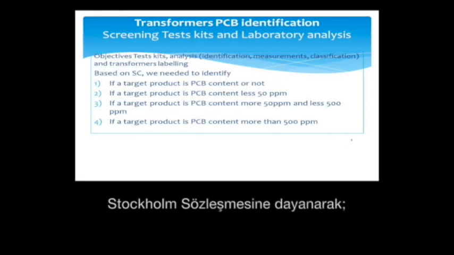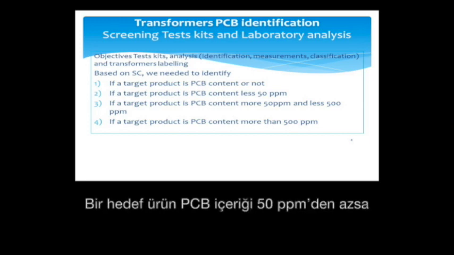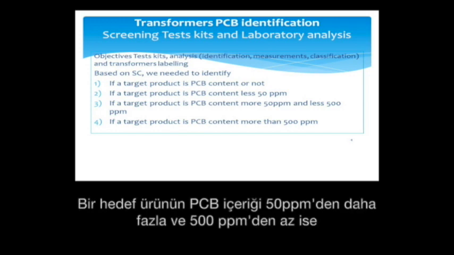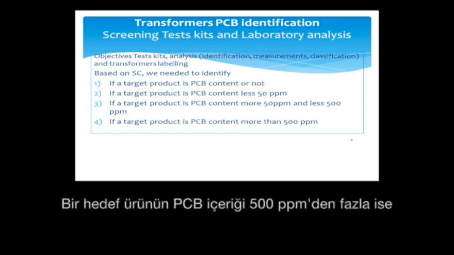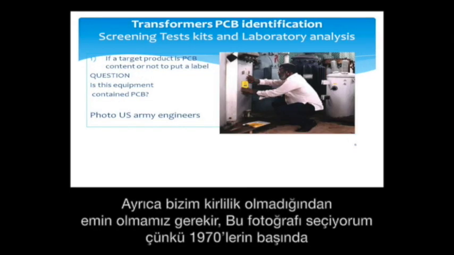Based on the Stockholm Convention, we need to identify if our target product is PCB content or not: if the target product is PCB content less than 50 ppm, if the target product is less than 500 ppm or more than 50 ppm, or if the target product is PCB content more than 500 ppm. We also ensure no contamination.